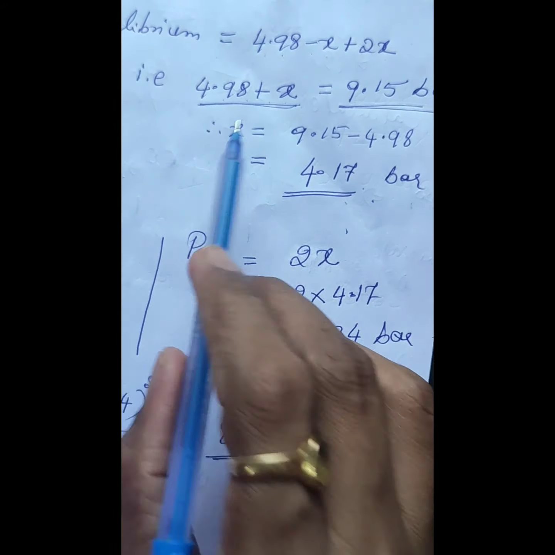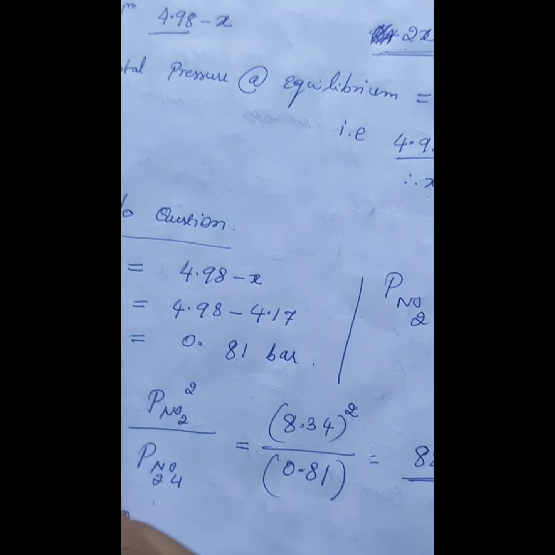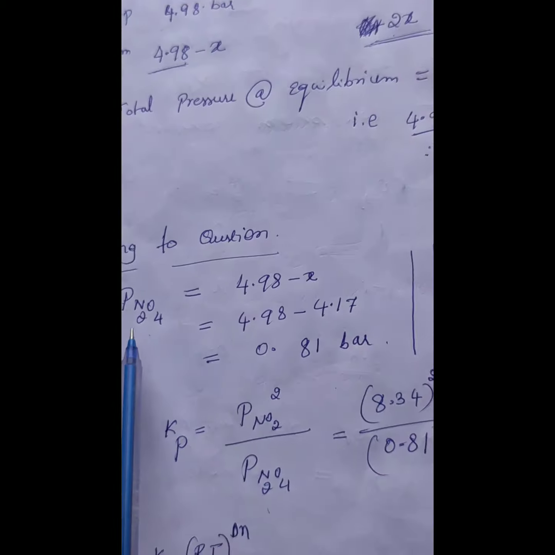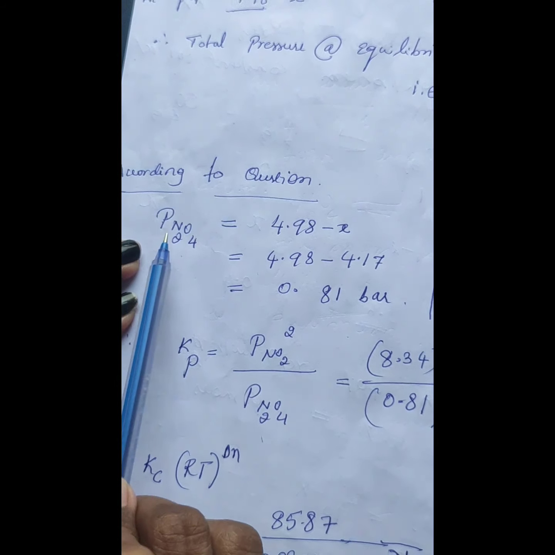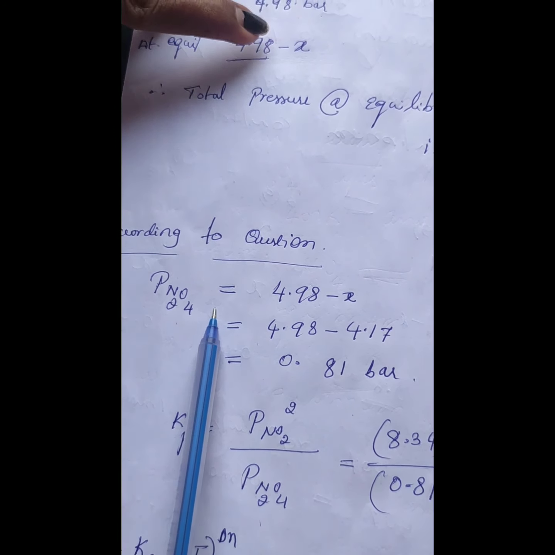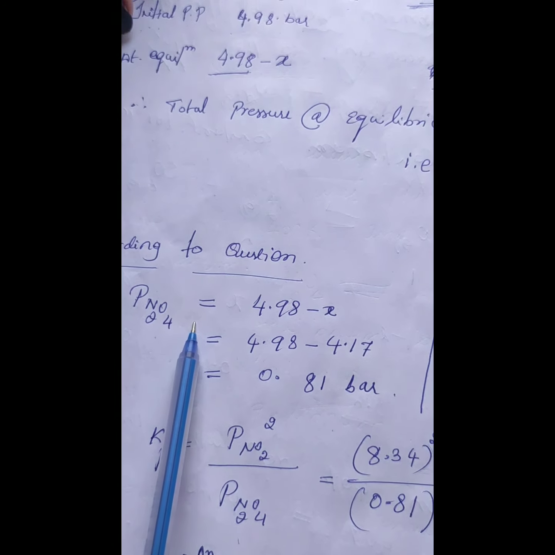Now children, according to the question, what do we have to calculate? The partial pressures of both reactant and product. Let us first move on to the partial pressure of N2O4, that is equal to 4.98 minus x at equilibrium.